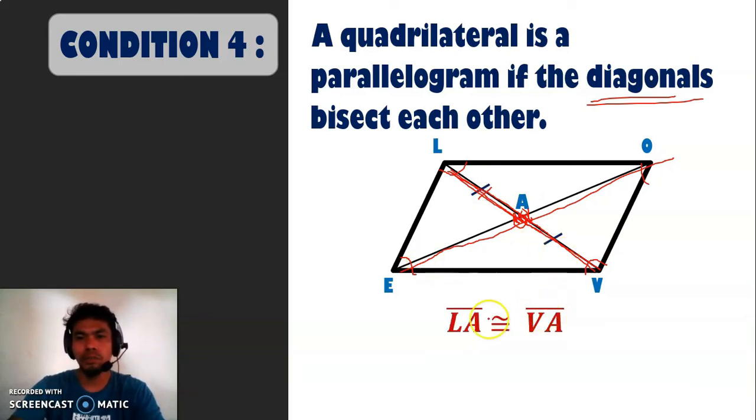In notation, we have segment LA is congruent to segment VA. Then we have also segment EA is congruent to segment AO or OA. In notation, we have segment EA is congruent to segment OA.